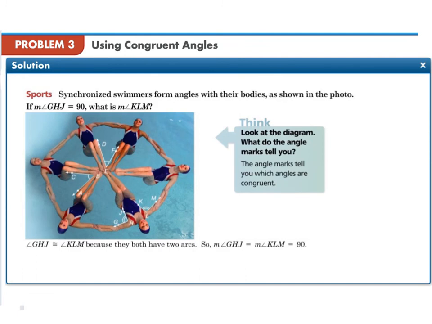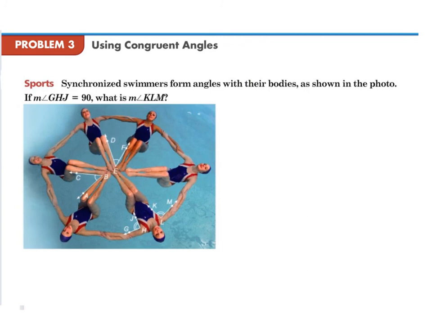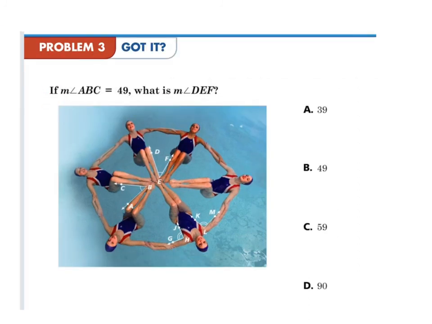If you have the angle marks, double angle mark here and double angle mark here, then they are congruent. They have equal measures. So if this angle measures 90, then so does another angle that has those same marks indicating congruence. Yes? Okay. So here is your got it problem, and good luck.